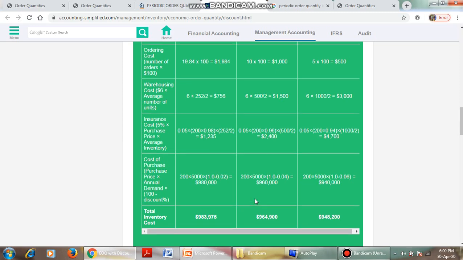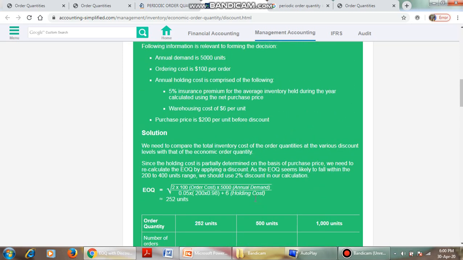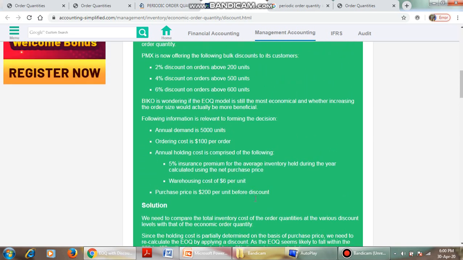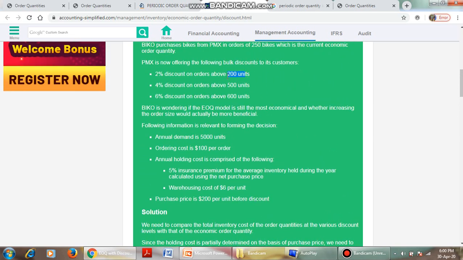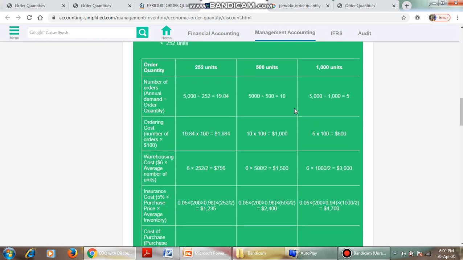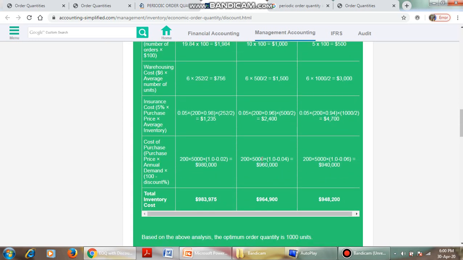For up to 500 the discount is only 2%. For above 500 it is 4%. For 600 it is 6% discount. So the same here: 200 into 5000 into 1 minus 0.04, and 6% discount 0.06.